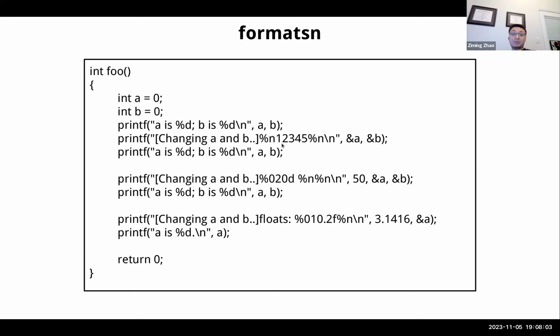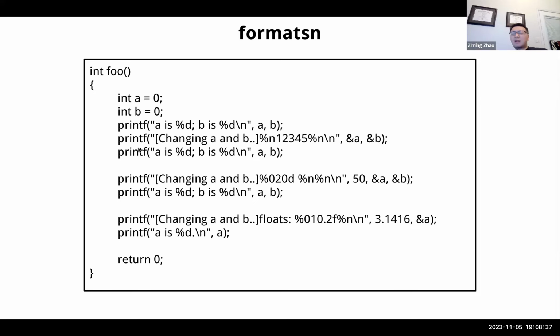After that, printf keeps printing 1, 2, 3, 4, 5. So far, it has printed out 25 characters. The %n doesn't print out anything, but everything else together will be 25, right? So the next %n corresponds to the address of b. So the value of b will be changed to 25.